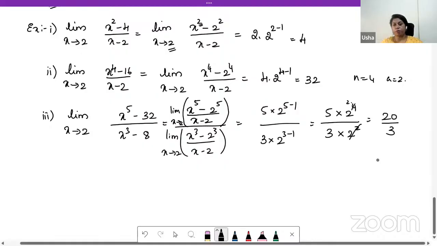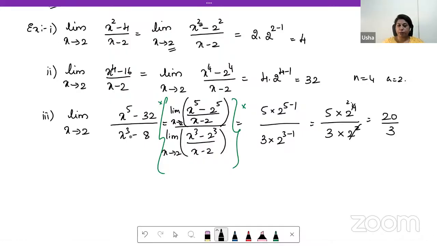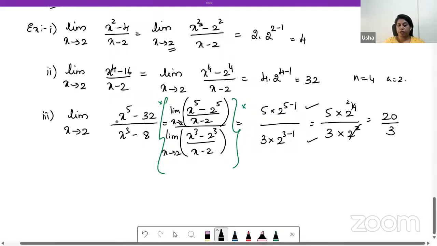Now, when you have a problem like this, you don't have to do this step. See, this particular step is not necessary because you're not writing a descriptive answer, right? You need the final answer. But you just have to identify this pattern. You know that this is an intermediate step, but without this, directly you can write this step. So this is x power 5 minus 2 power 5 divided by x power 3 minus 2 power 3.